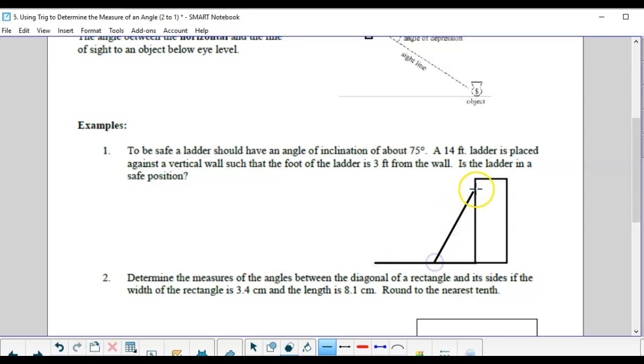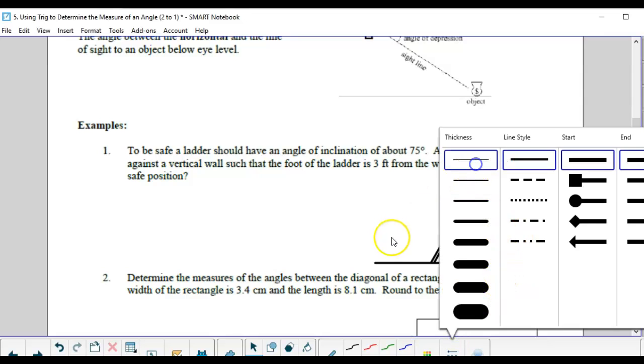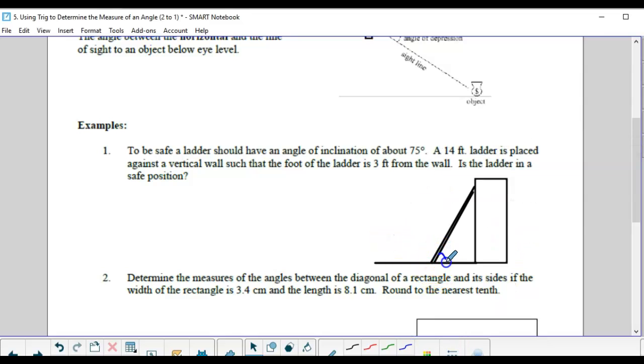There's a ladder. Okay, and so it says, I've got to label some of these things. Angle of inclination, that's going to be 75 degrees there. It's from the horizontal upwards. 14-foot ladder, so that's the hypotenuse. It's a vertical wall, so it's at 90 degrees. 3 feet from the wall.